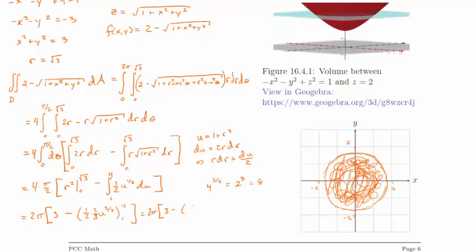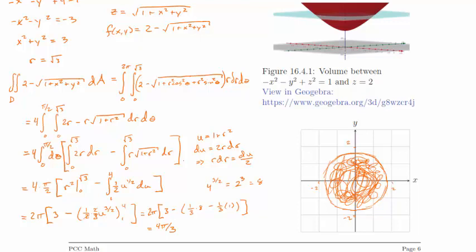So we have then the 2's here cancel, I get 1/3 times 8 minus 1/3 times 1 equals, let's see, 8/3 minus 1/3 is 7/3. 3 minus 7/3 is 9/3 minus 7/3 is 2/3. 2 pi times 2/3 is 4 pi over 3.